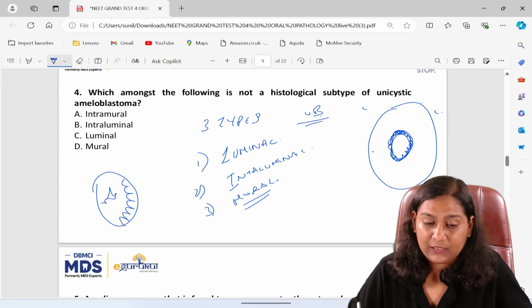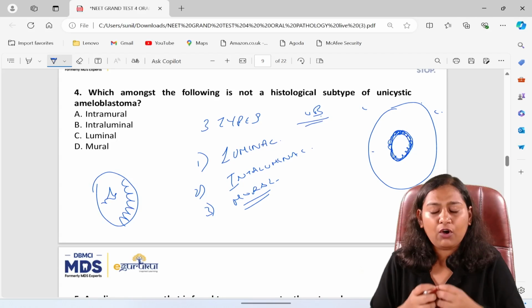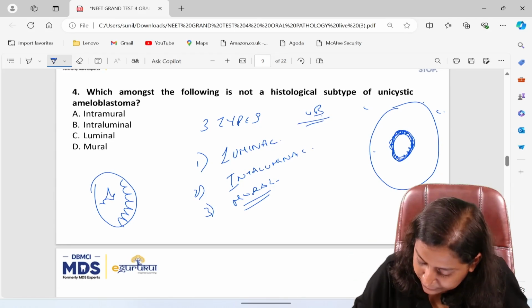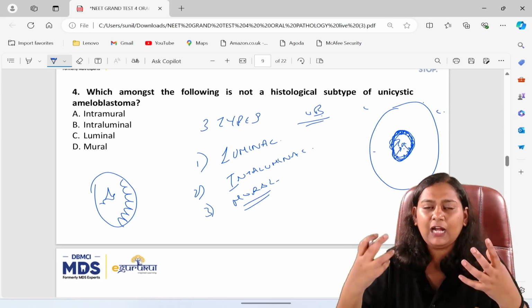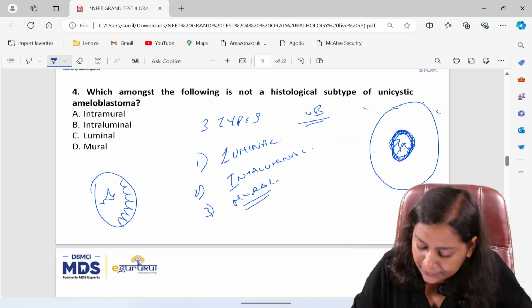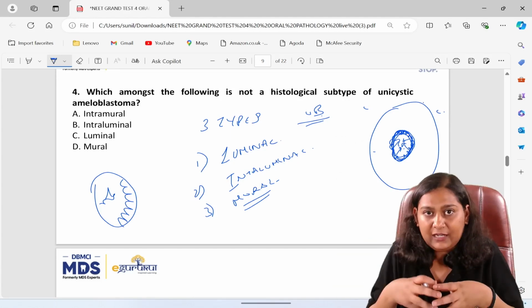Now intraluminal, what happens? There is a proliferation of the lining epithelium in the lumen. The epithelium will start proliferating and going inside the lumen, that is intraluminal.